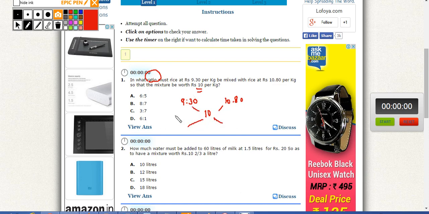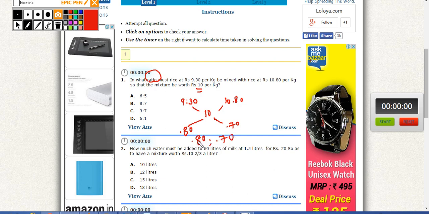We are going to do it using the same method, the alligation method that I said just now. So this is 10 minus 9.30, which is 0.70, and this is 0.80. So this is the ratio. What is the ratio? This is 0.80 is to 0.70.